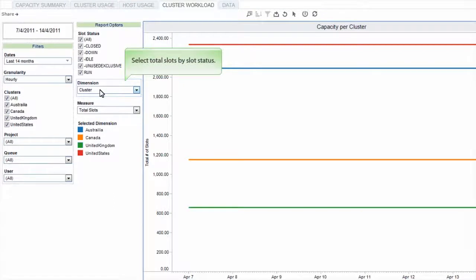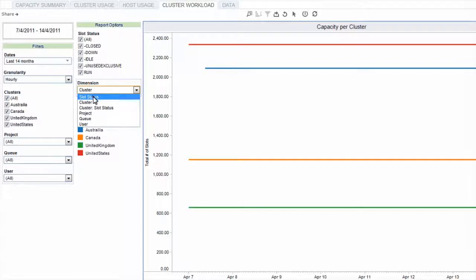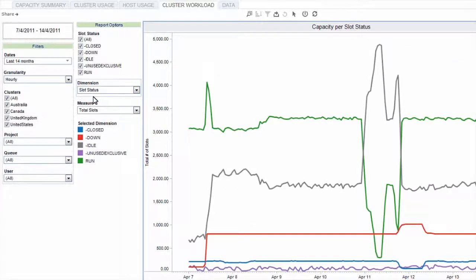I'll change the dimension once more to look at slot status. Now I see the number of slots in each state across all clusters and how the status changed with time. Recall our significant quiet period in the US.